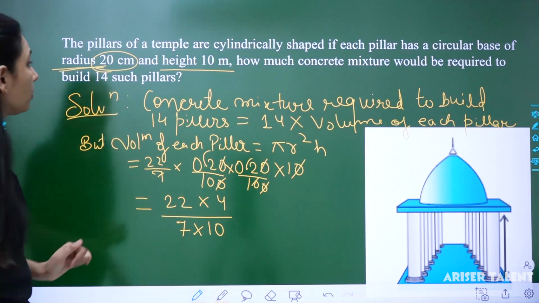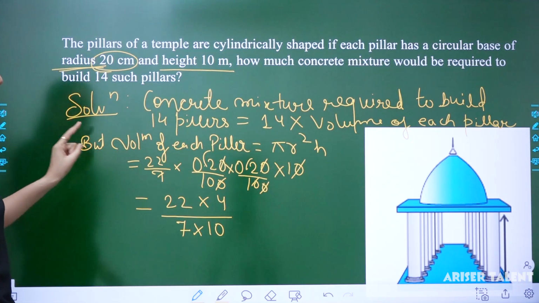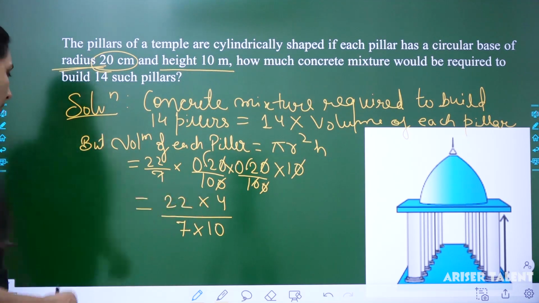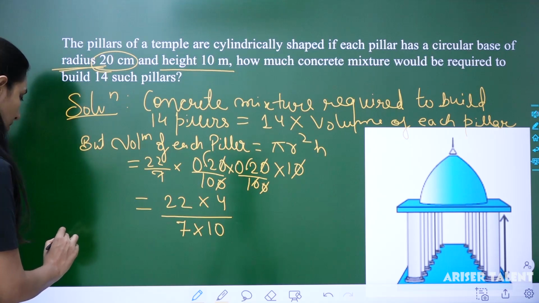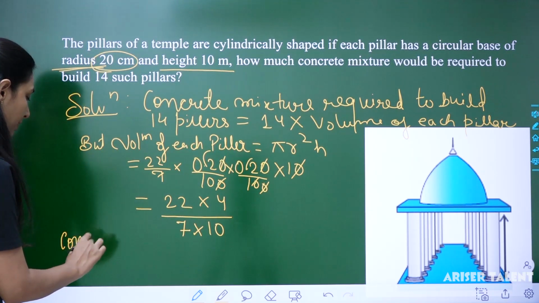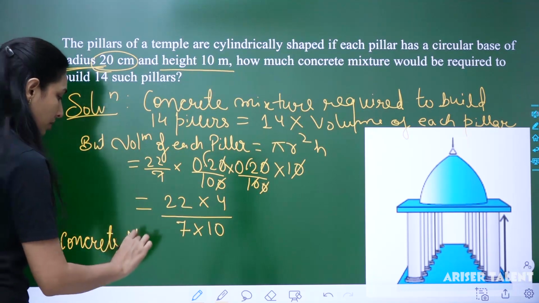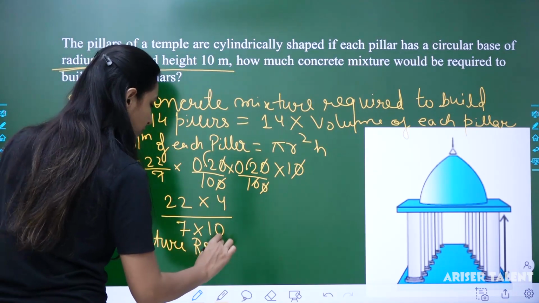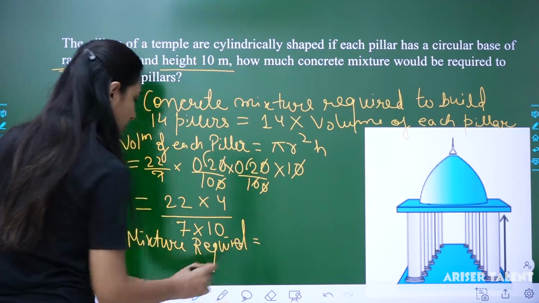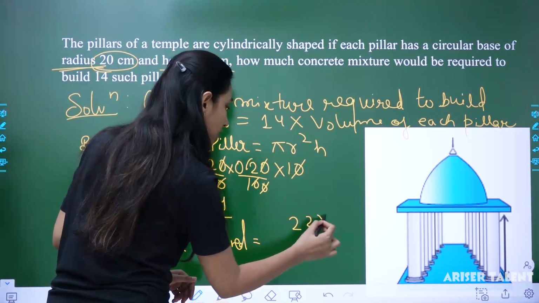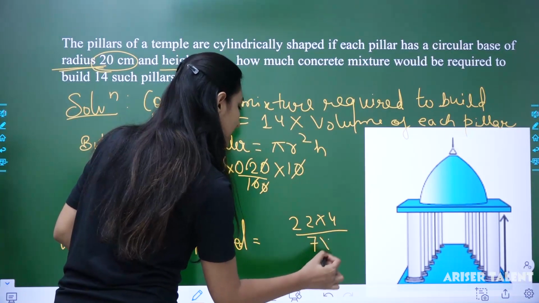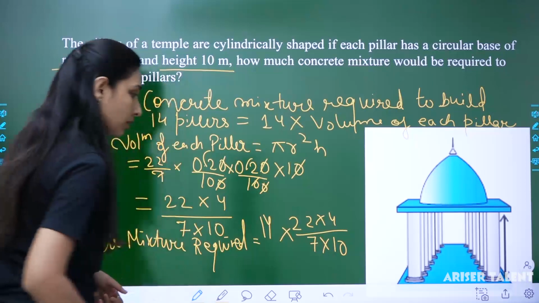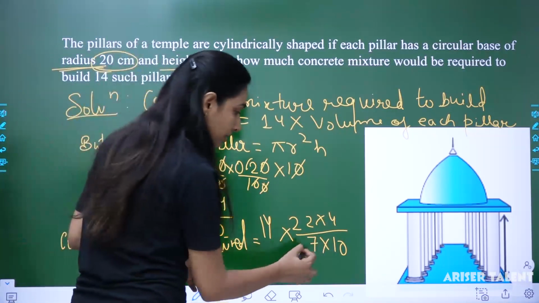Now, we are going to have this volume of each pillar. That means the concrete mixture required is equal to this complete number multiplied by 14. The calculation is in meters.